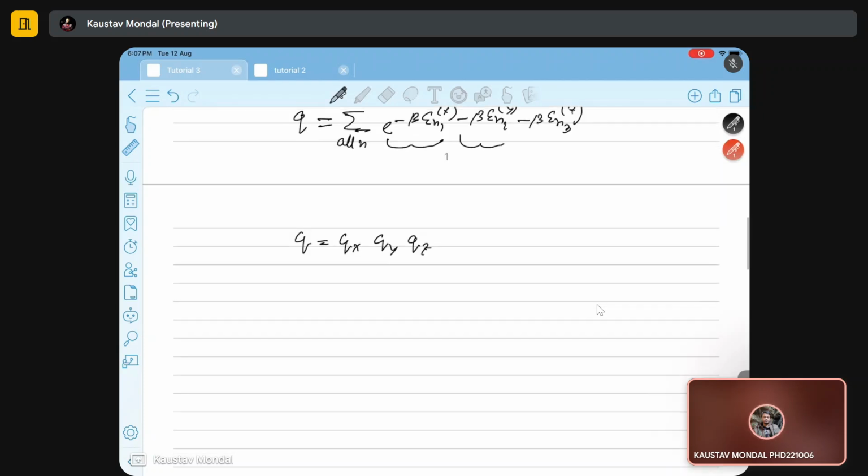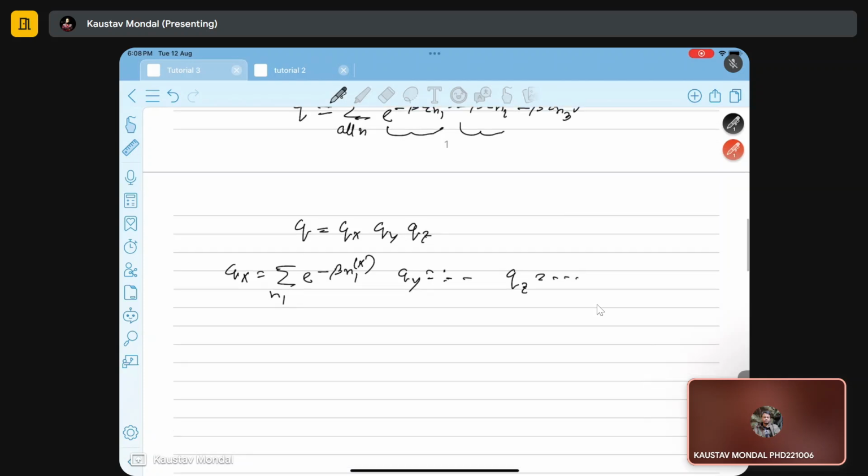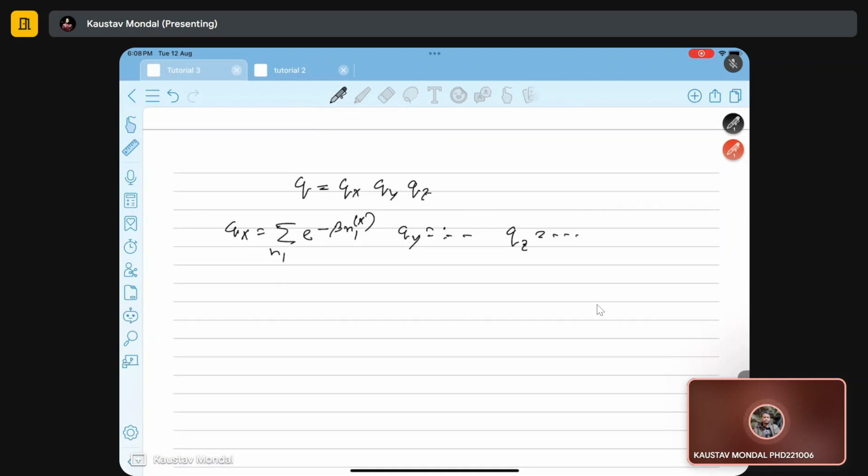You know, qx is nothing but this one, n1 e to the power minus beta n1 x, right? Similarly, qy would be there, qz would be there. So like we know the qx, similarly we know the qy, same way we can also know the qz.